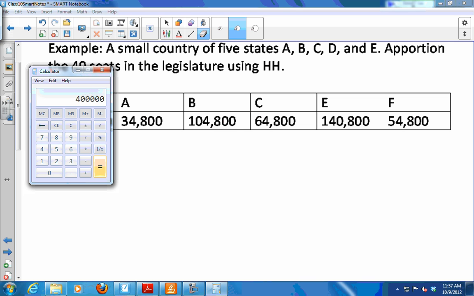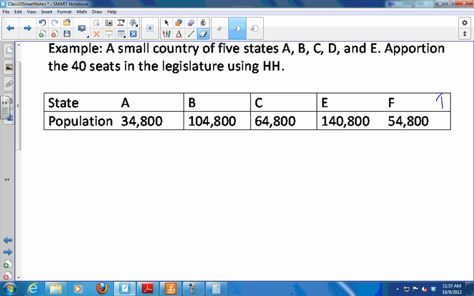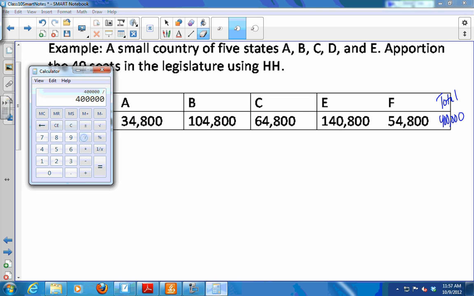So there are 400,000 people in this country. There are 40 seats to apportion, so if I divide by 40, I get 10,000 people per seat.